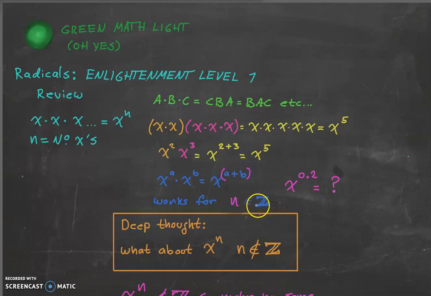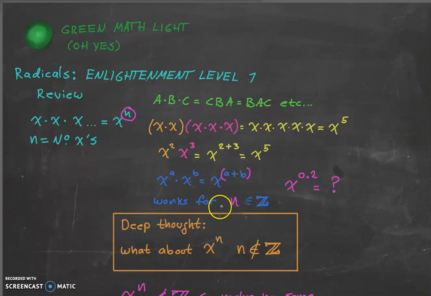This is supposed to be the exponent here, not the base, right? So this n here is like this n here, right? I can have x squared, I can have x cubed, I can have x to the 10th.